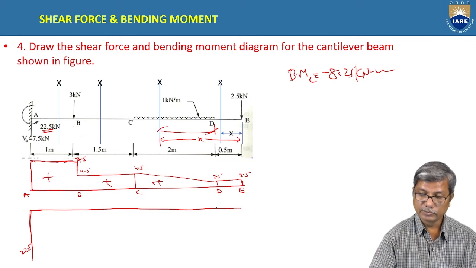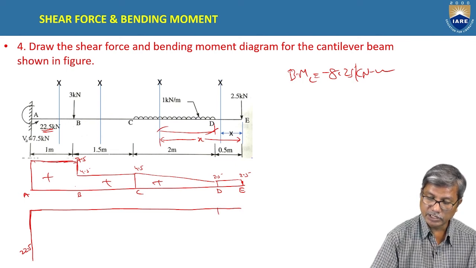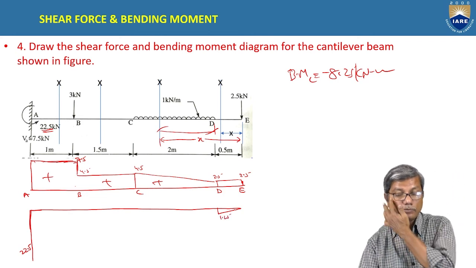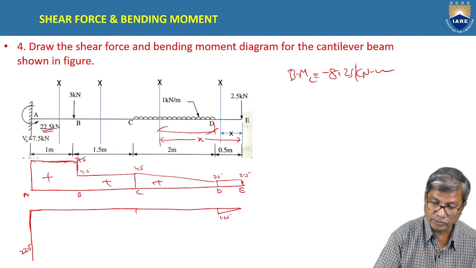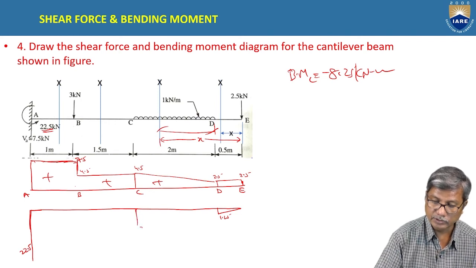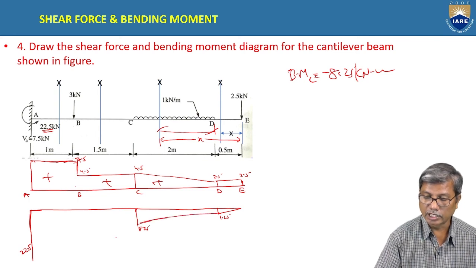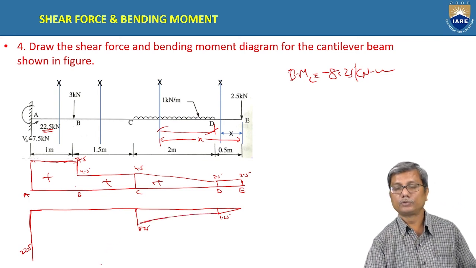And between DE it varies linearly. Here it is 1.25, and bending moment at C is 8.25, and it is a parabolic variation, 8.25 to 2.5.